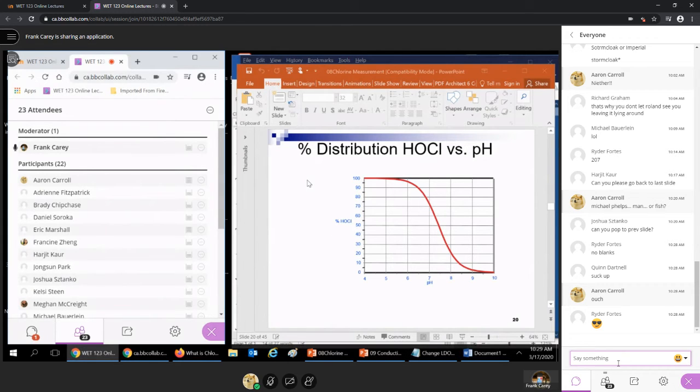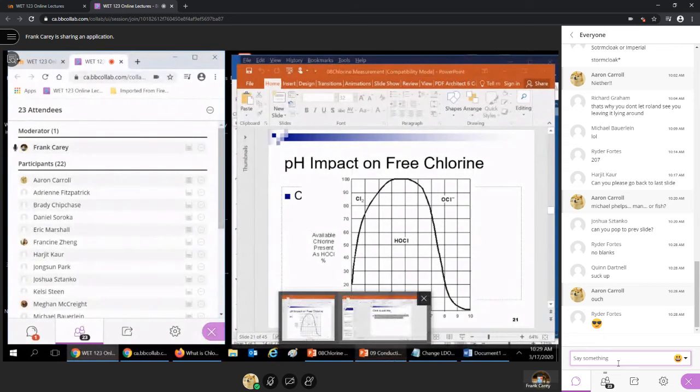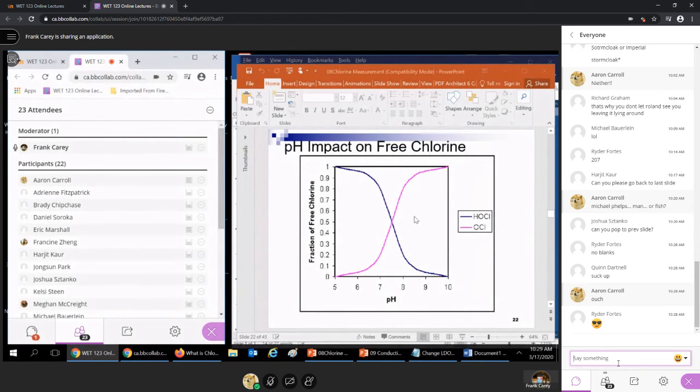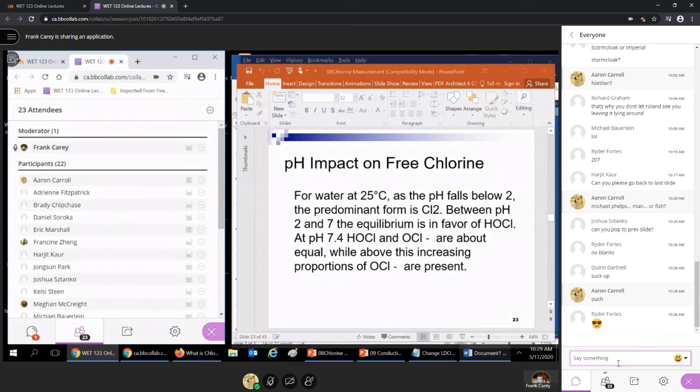Obviously, the higher the pH, less free chlorine. And same with this here and this. I'm not going to get into the chemistry, but ideally we want to be around 7-ish. Well, I'll leave that up to Dave. I didn't say anything.